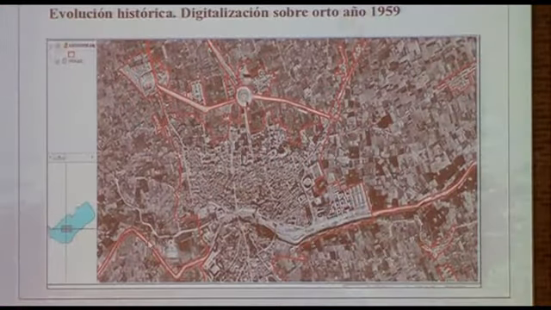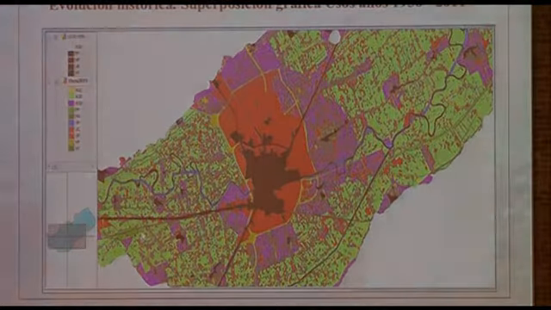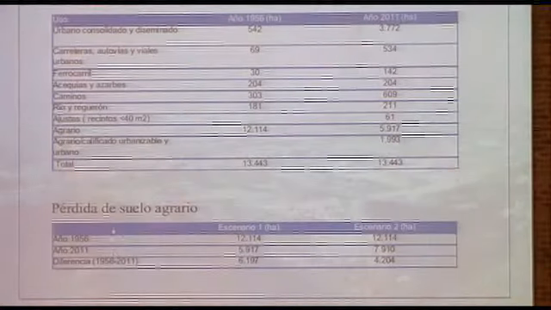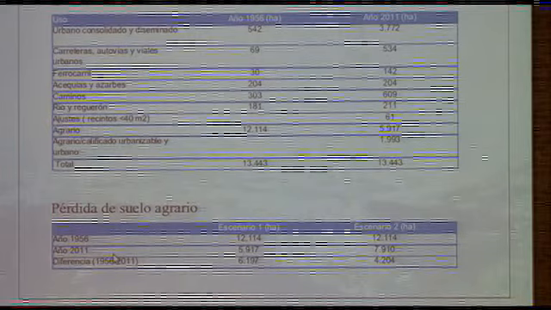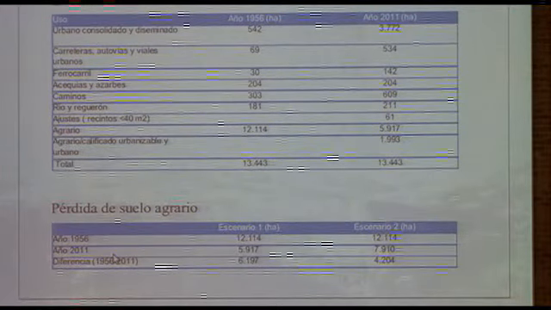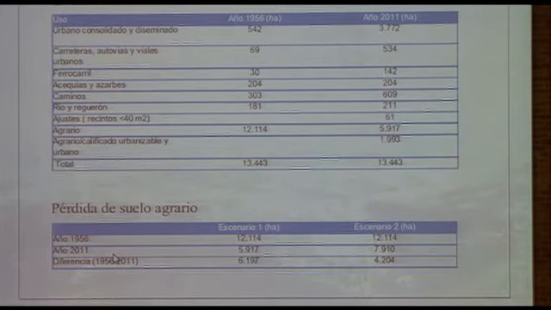And to study the historic evolution, I have started with the 1959 aerial image. I have digitalized it to see what has been the evolution of that territory. So we had at the beginning a 100% orchard area with a consolidated nucleus in Murcia, and we see that the territory has been evolving, has been changing.